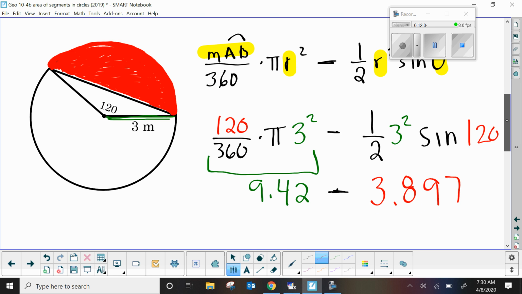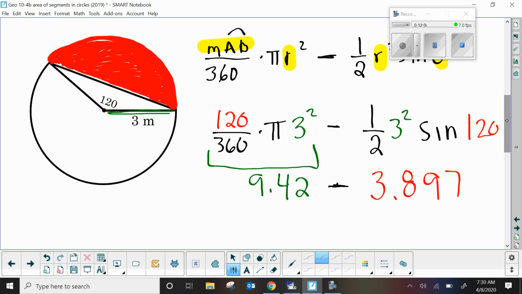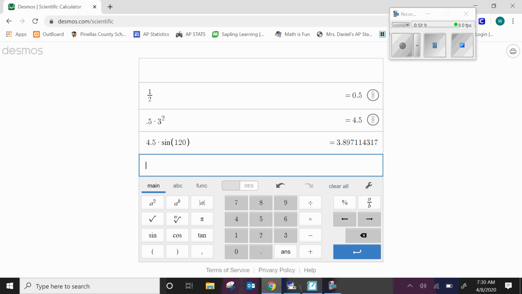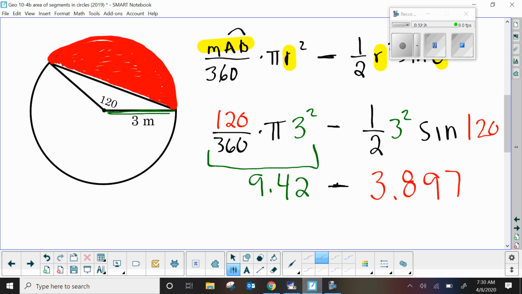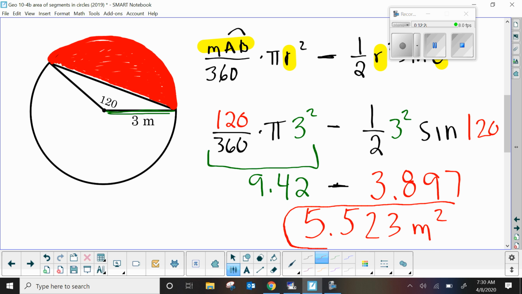All right, and all I have to do is subtract that. So 9.42 minus 3.897 is 5.523. And there's the area of that segment.